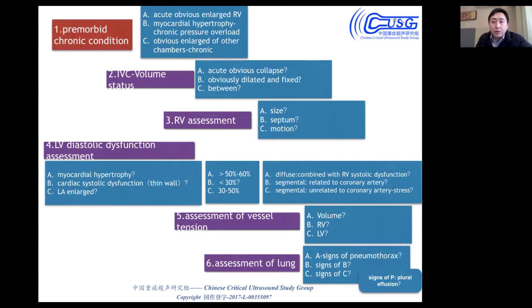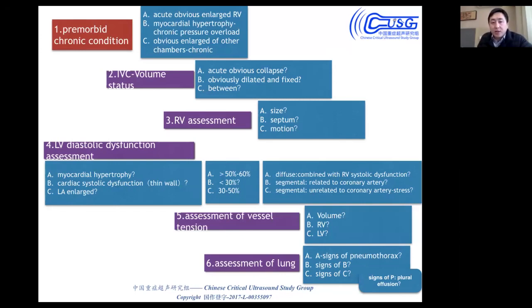Firstly, we'll do the assessment of the chronic condition of the heart, to know if there is an acutely, obviously enlarged right ventricle caused by acute factors or chronic disease, and to assess the wall thickness or the chamber changes of the heart, to know if the patient has other chronic heart disease.